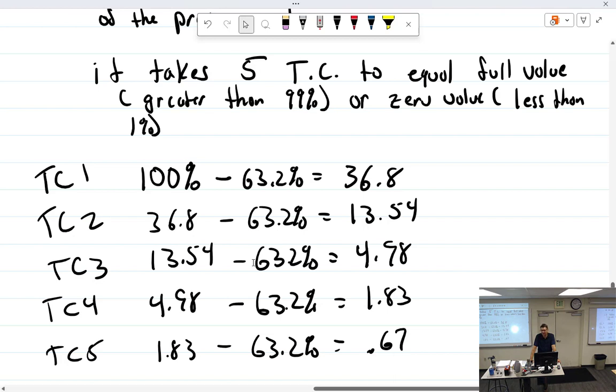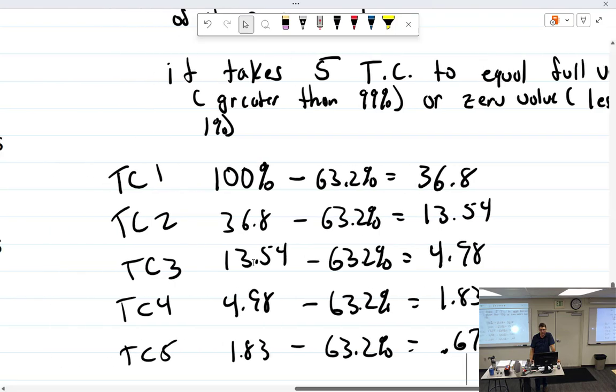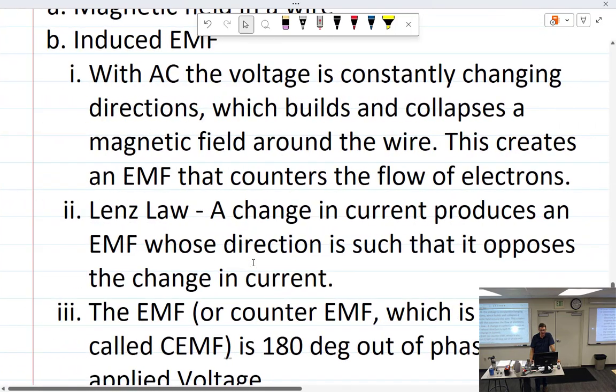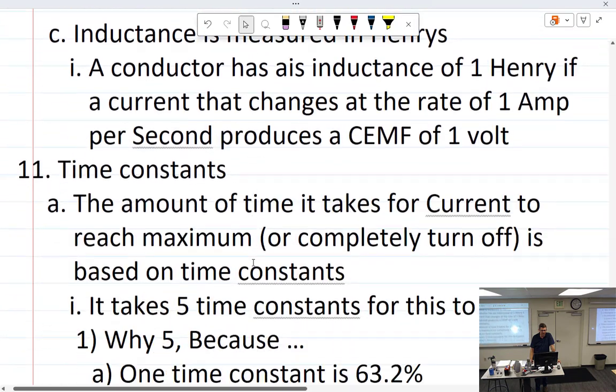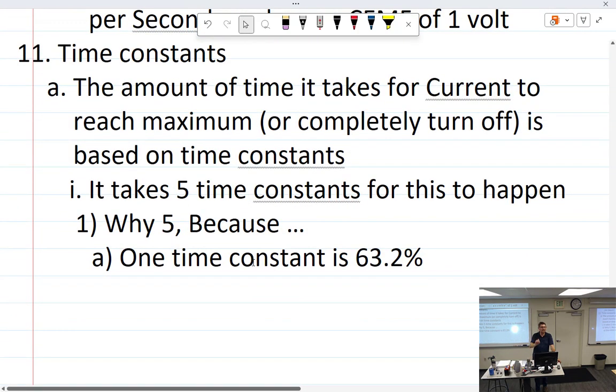Now you know how it got there, but you don't know why they decided it was 5 or why they decided it was 63.2. It just showed you how the 63.2% works. I honestly don't know that at this point in my life, and it does not matter. The point is, it takes time. So why do we go through that exercise?